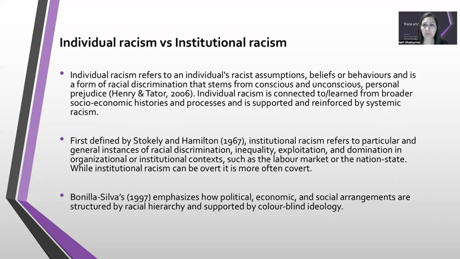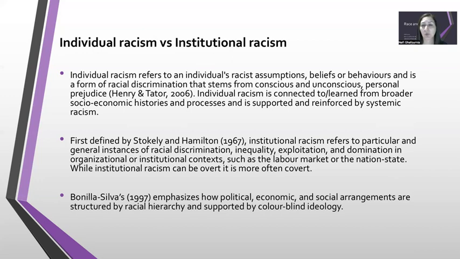Another kind of racism is individual racism versus institutional or structural racism. Individual racism refers to an individual's racist assumptions, beliefs, or behaviors. It is a form of racial discrimination that stems from conscious and unconscious personal prejudice.